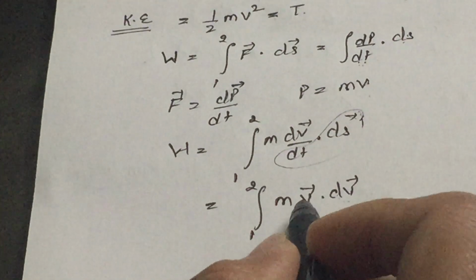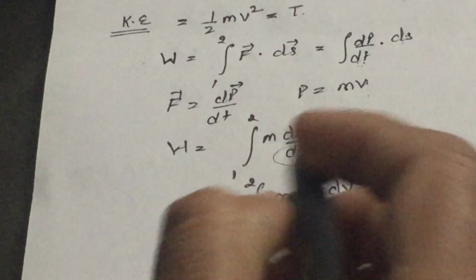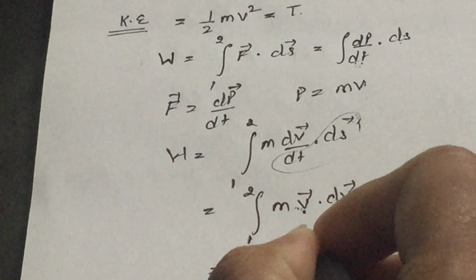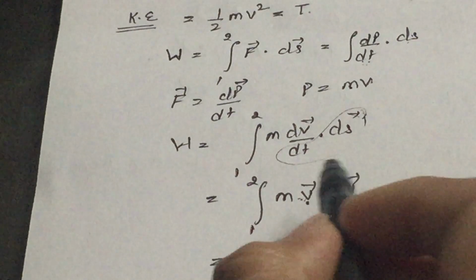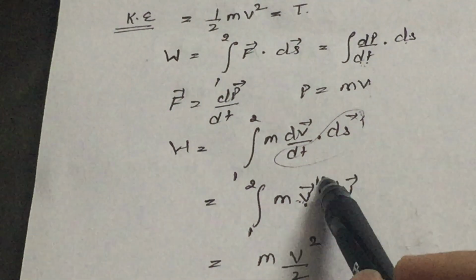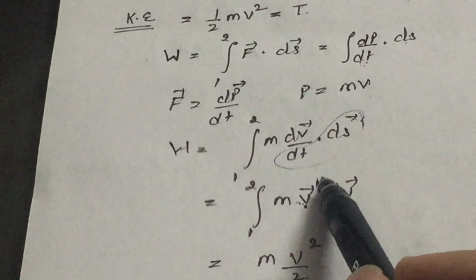Now integrating the velocity, we will get m v square by 2, since the power of the velocity increases by 1 and we divide by this number.